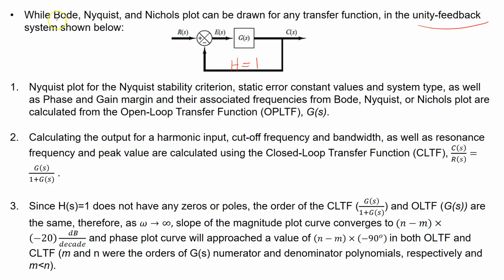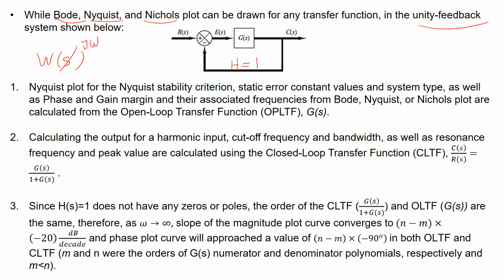We know the Bode plot, Nyquist plot, and Nichols plot can be drawn for any transfer function you can imagine. In any arbitrary transfer function, I'm not going to call it G or H, I just call it something general, like W of s. All you need is to plug in s equals j omega, and then either plot magnitude and phase versus omega, plot them versus each other, or do the polar plot, right?